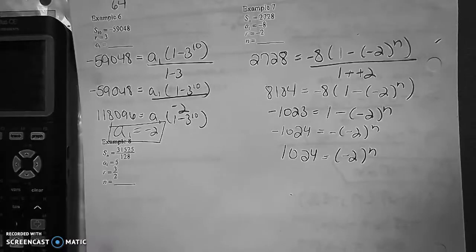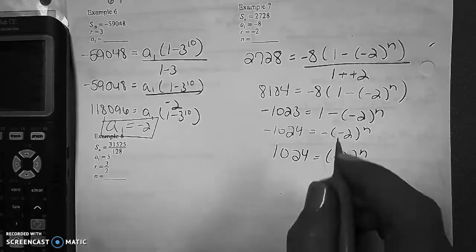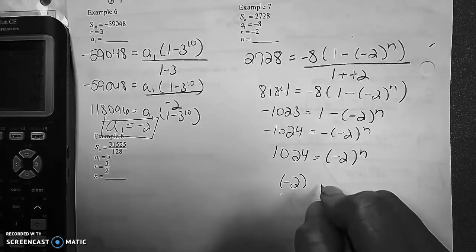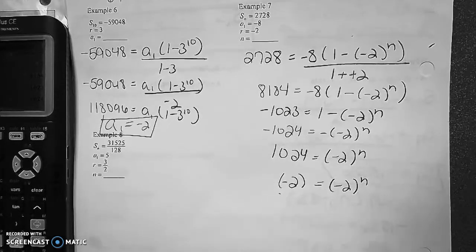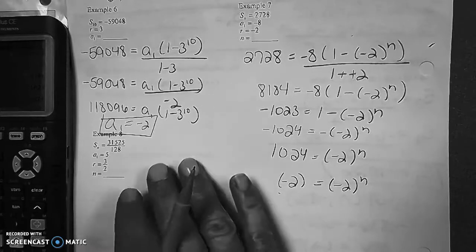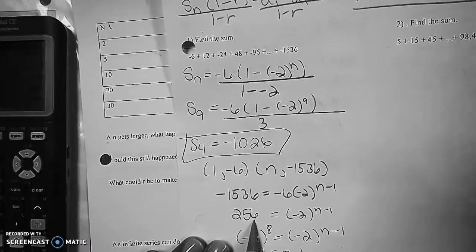So we are actually trying to find N, and notice once again we have a problem like we did on the front. I need to try to write the bases the same. So if I take negative 2 to the N, I need to try to write 1024 as negative 2 to the something. And earlier I think that we found what 256 was.